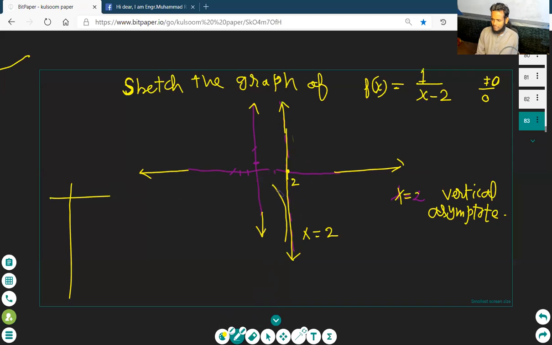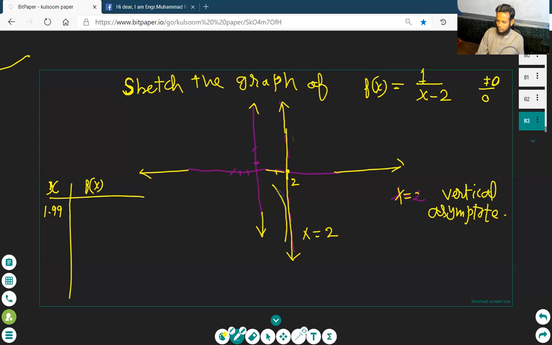First, here is x, there is f(x). We want to check this part, okay? Left hand side. You put some values. Tell me the values closer to 2 on the left side. 1.99, okay?